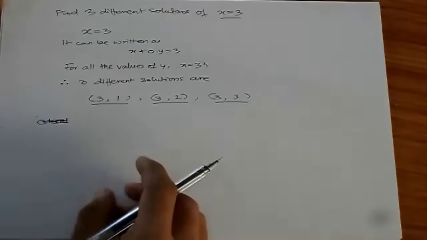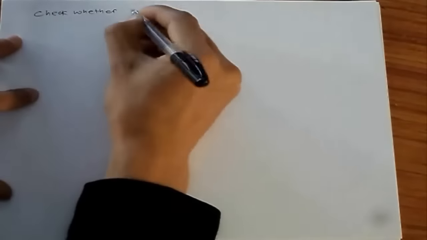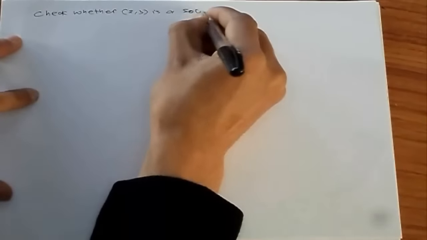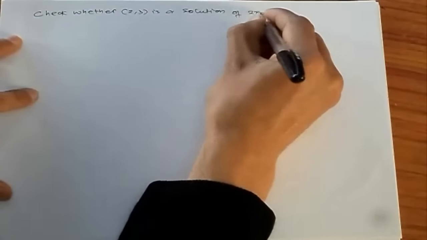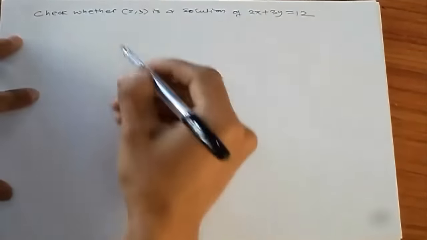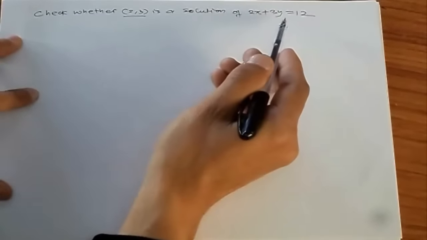Okay, I'll write on a new paper. Next we are going to check whether (2, 3) is a solution of 2x plus 3y equals 12. Now we are going to check whether this ordered pair is a solution of this linear equation in two variables.